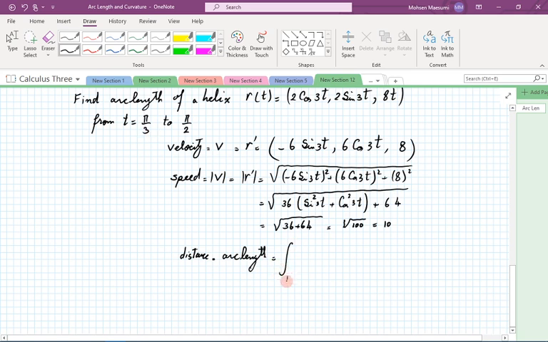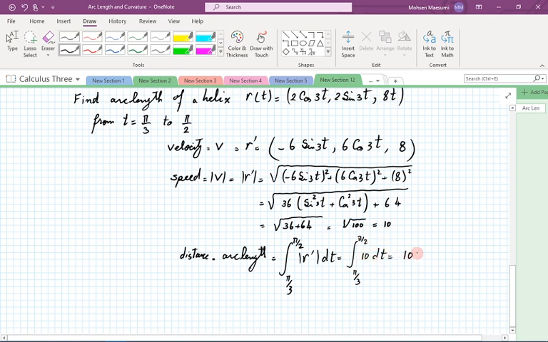So my beginning time here became pi third. My ending time is given to me as pi half. And then I'm supposed to have my r prime here and dt. Now I got lucky that my r prime became as easy as it could be, just 10 dt. Well, what's the antiderivative of 10?